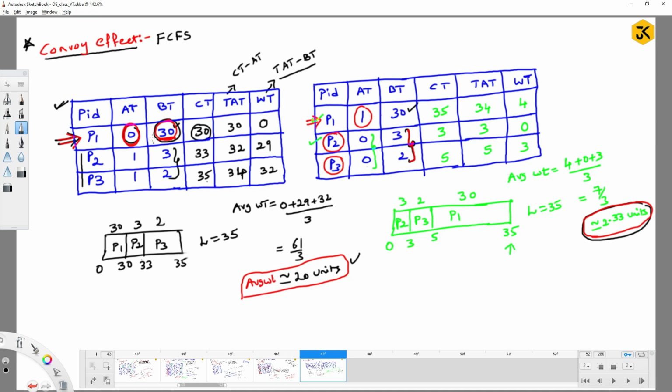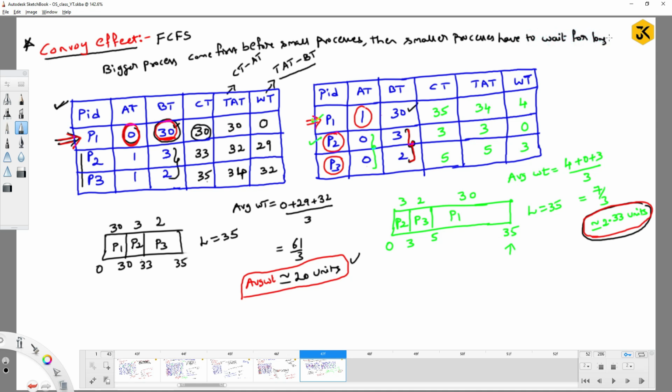Technically, when a bigger process comes first, before the smaller process, then the smaller process has to wait for a long time. Am I right? The smaller process has to wait for a long time.